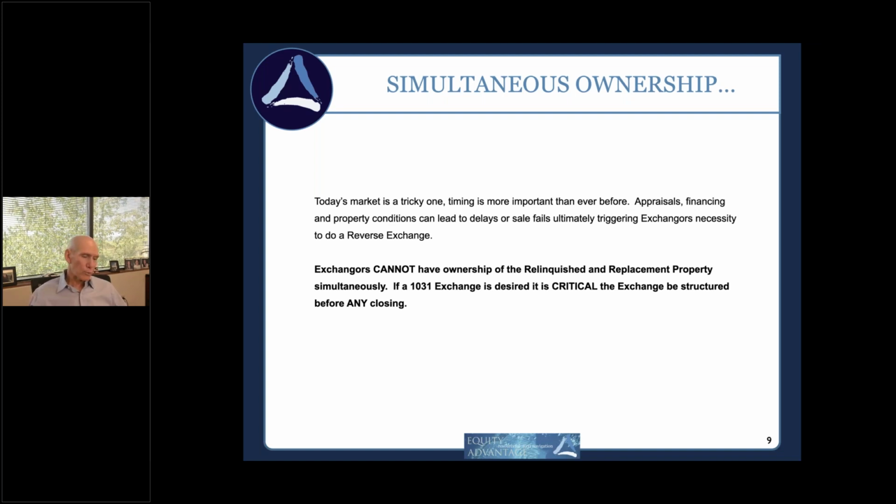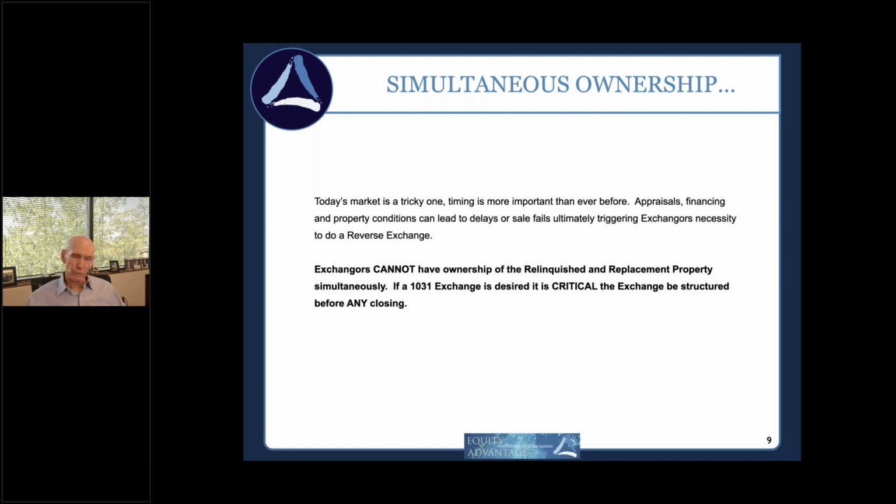So if you're in a situation where you've had a sale fail, now you've got to buy a property via reverse exchange, make sure that that exchange is structured pre-close, because if you close that property, you already own it, and then you sell in the future, you cannot exchange into something that you already own. That was put in place in 2000 with Rev. Proc. 2000-37, the safe harbors with respect to reverse exchanges.